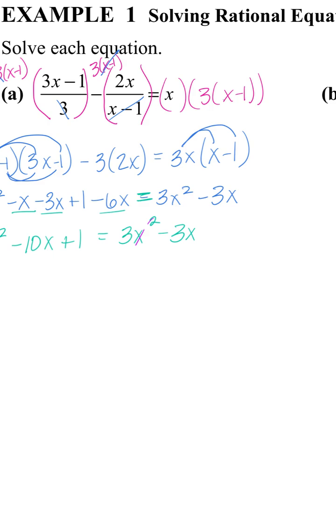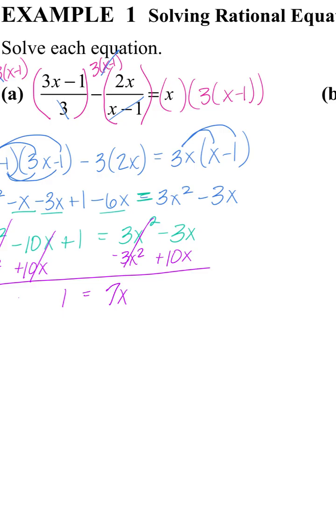Now I can start moving things around. So I'm going to subtract 3x squared from both sides and it cancels out. Now I've got negative 10x and a negative 3x, so I'm going to add this 10x to the other side. So now I've got 1 equals 10 minus 3, which is 7x.